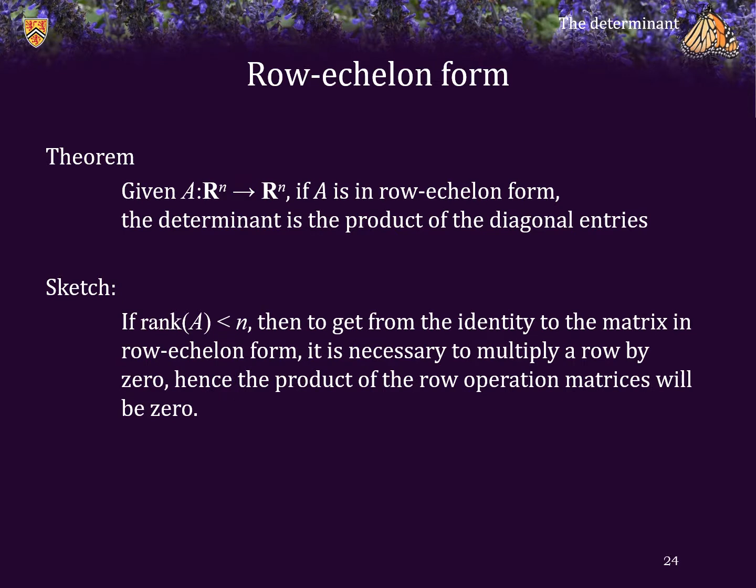Note, however, if the rank of A is less than n, then to get from the identity matrix to the matrix in row echelon form, it will be necessary to multiply a row by 0.